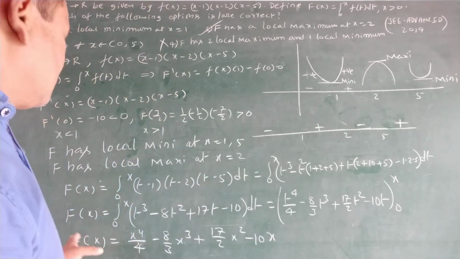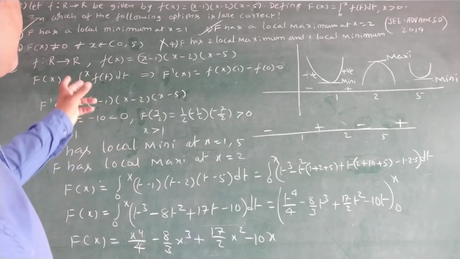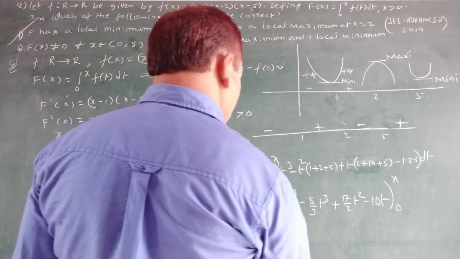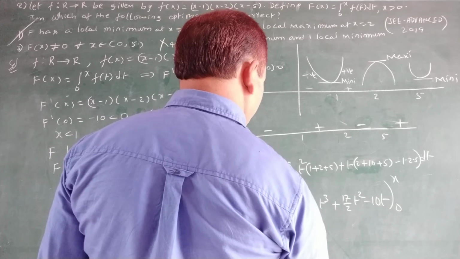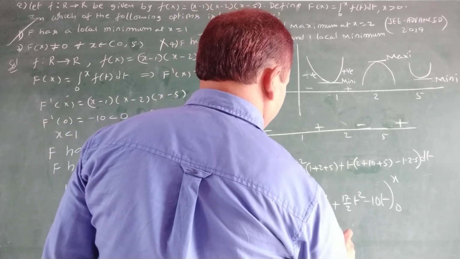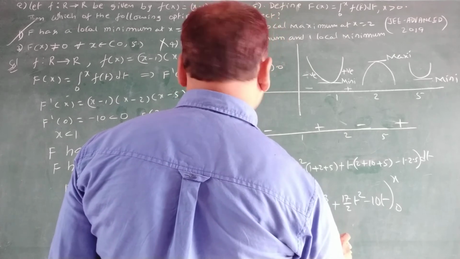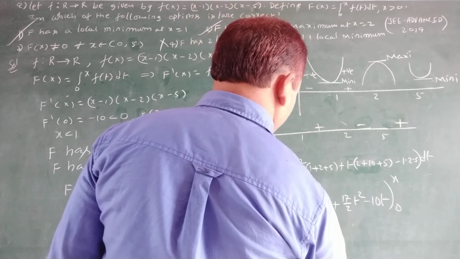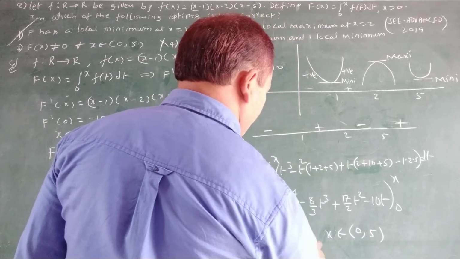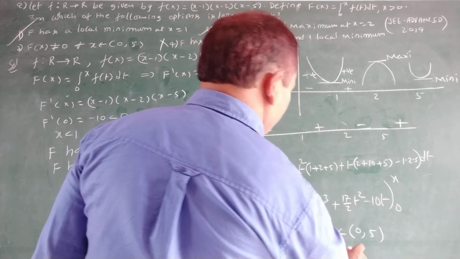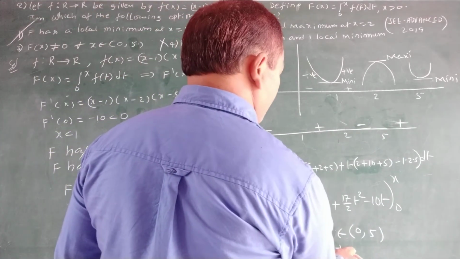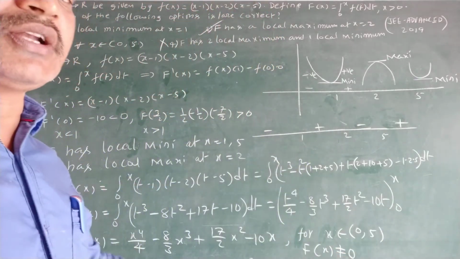So this is never 0 between 0 and 5. That's why for x belonging to the open interval (0, 5), capital F of x is not equal to 0.